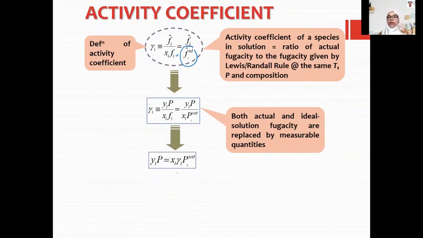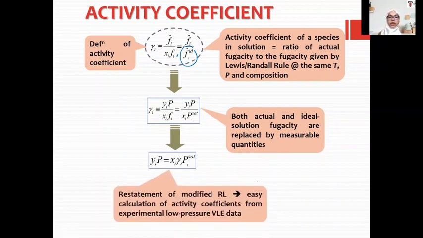And then we can conclude that the activity coefficient can be determined by using the modified Raoult's law in the solution. Okay, so we already covered it.